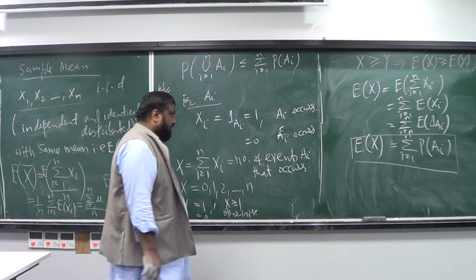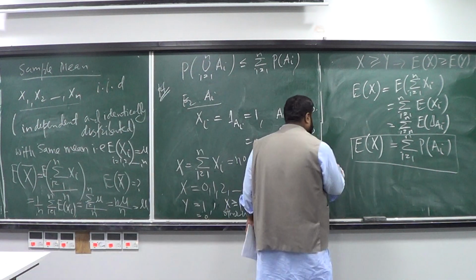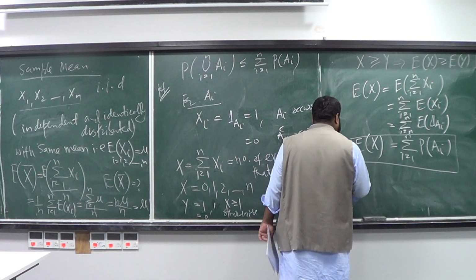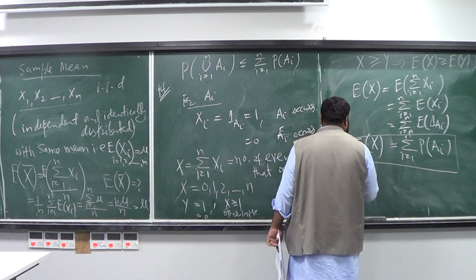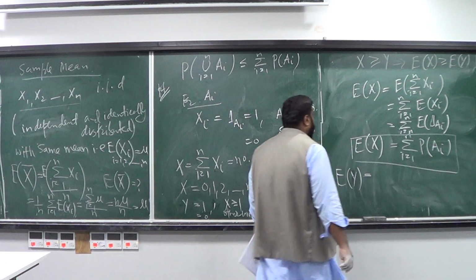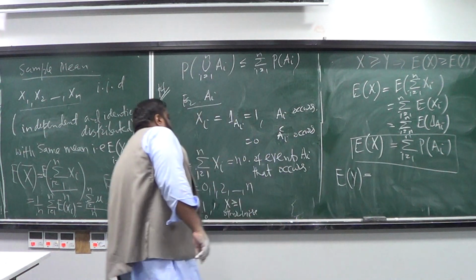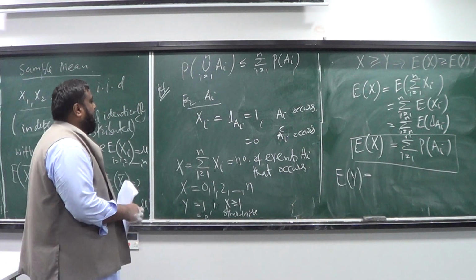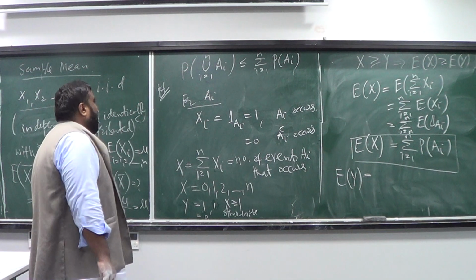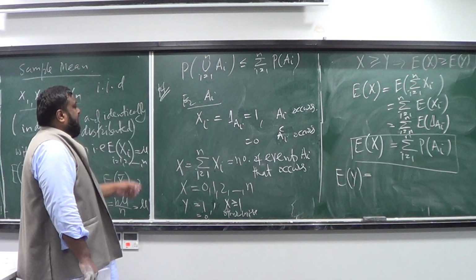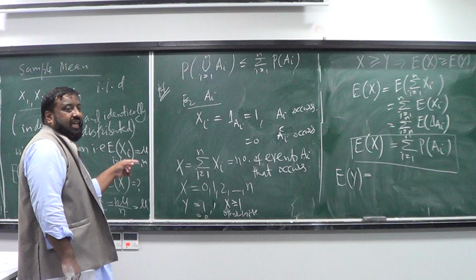Now, think about the expectation of Y. Y means that at least one of the A1, A2, ..., An occurs.